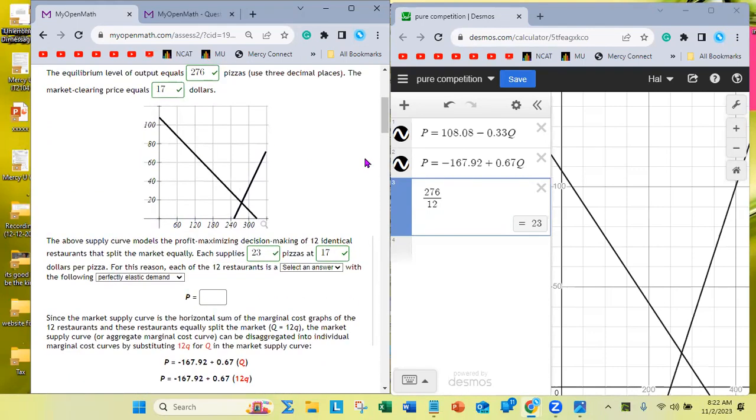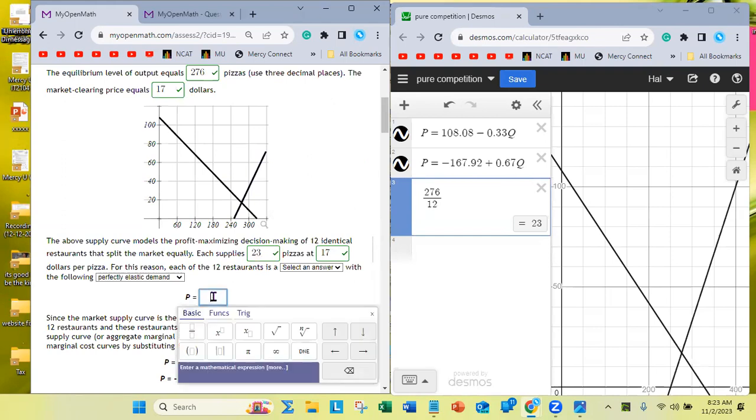So the first person in line will pay $17 for a pizza from the 12th restaurant. The second person in line will pay $17. The 1,000th person in line will pay $17. That is why this equation, P equals 17, is firm 12's perfectly elastic demand curve.